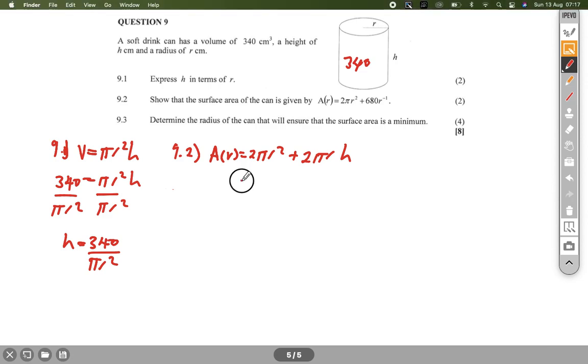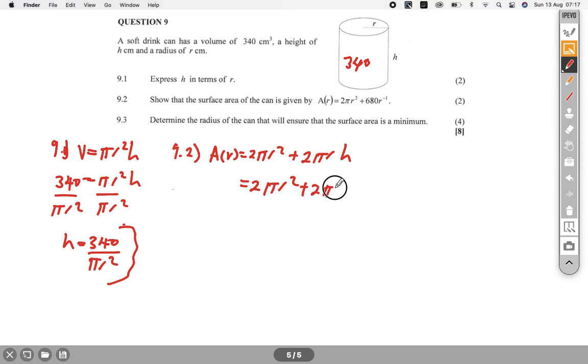Now wherever there's h, we need to substitute this. So 2 pi r squared plus 2 pi r, then we substitute 340 over pi r squared.